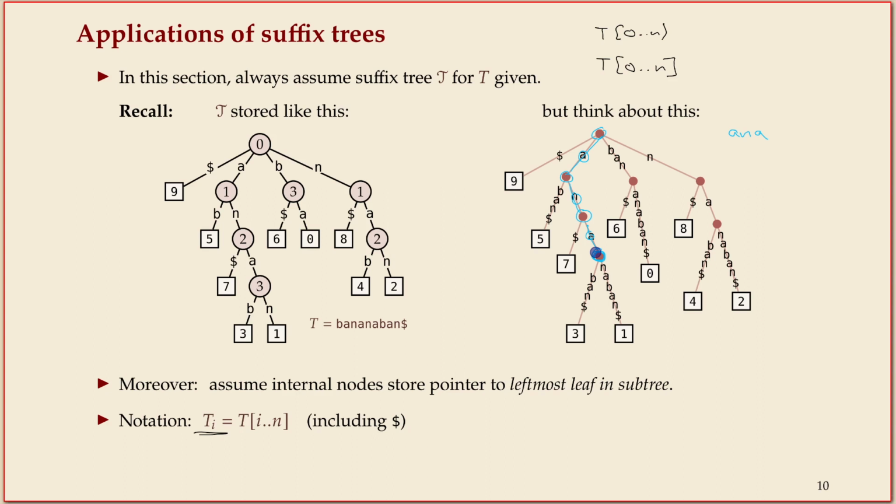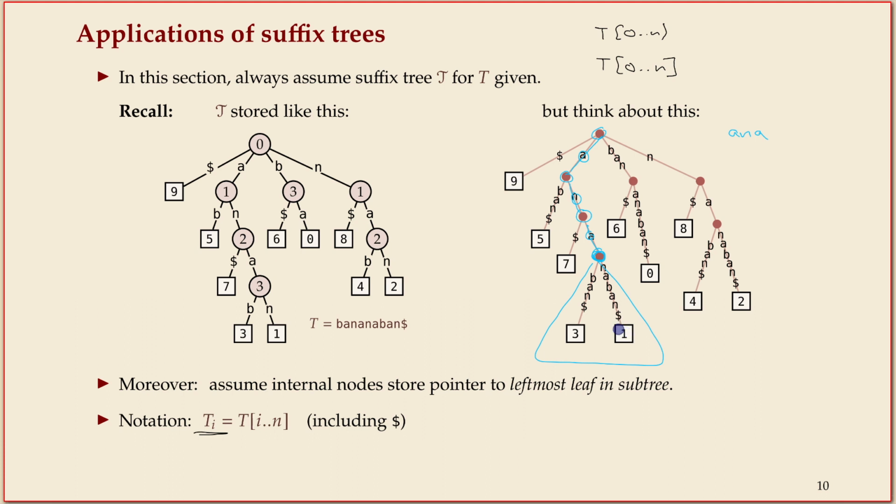It means there's a whole subtree, namely whatever comes below this node, where any leaf in that subtree has a path from the root downwards that starts with A and A. Otherwise, it wouldn't be in that subtree. And that means all the suffixes that have leaves in that subtree start with A and A. And if a suffix starts with A and A, that's an occurrence of A and A in the text.